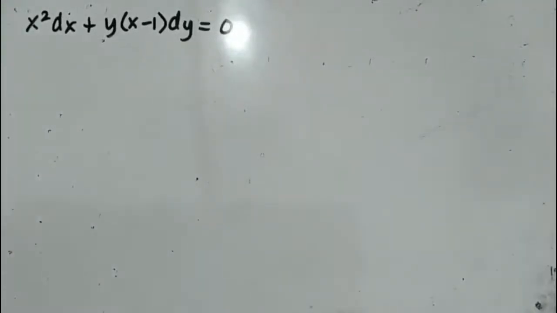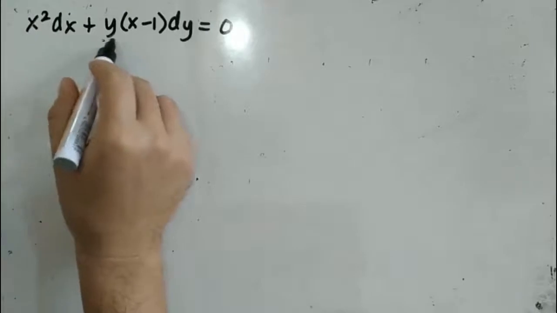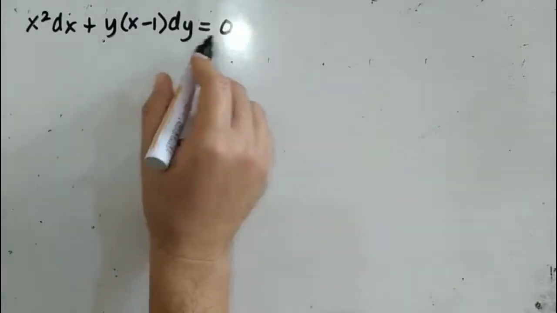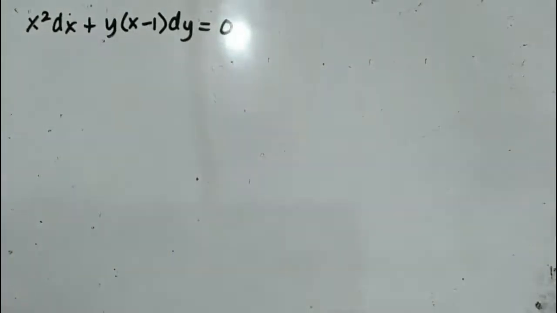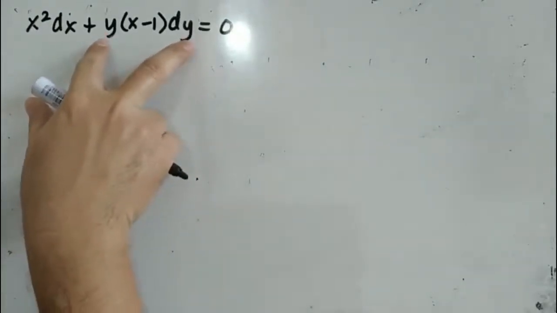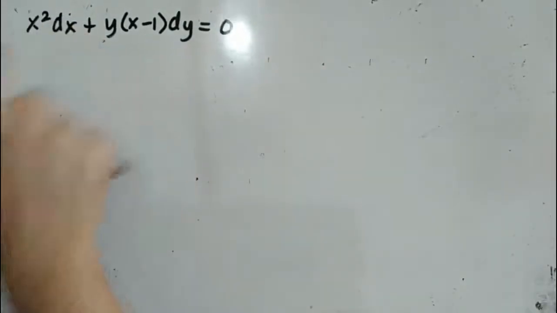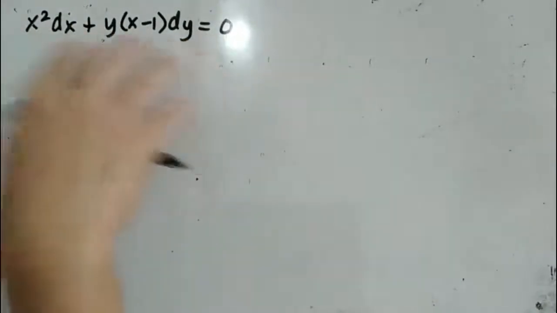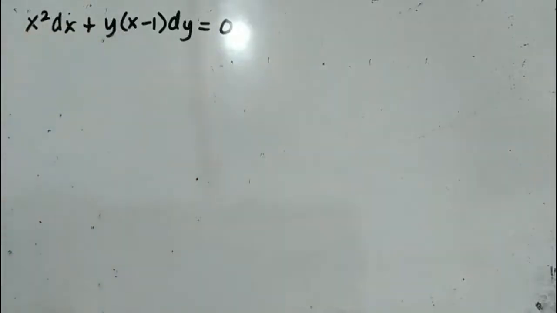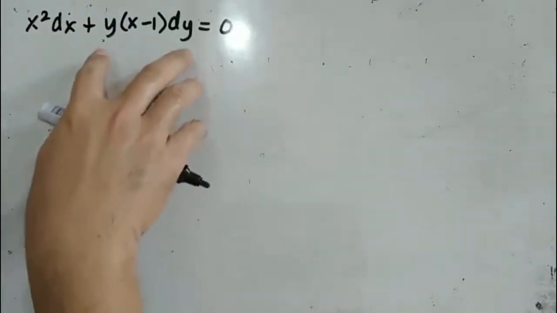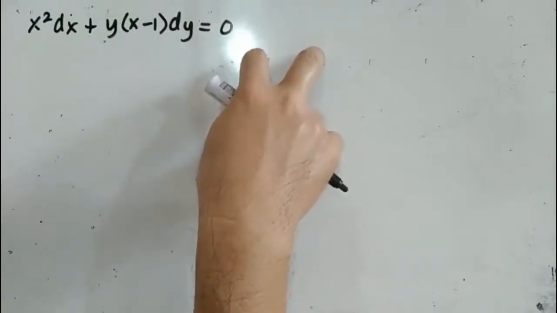Another example where we need to apply the same technique we applied in the previous example, where we resolve an integrand into its partial fractions, is x squared dx plus y times (x minus 1) dy equals 0. As we have said previously, we can transpose the second term to the right side. However, then it would become negative. So we can just have them here on the left side, although you can always transpose this to the right side if you want.